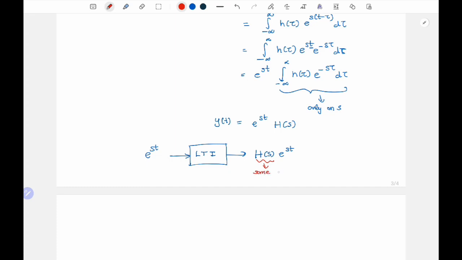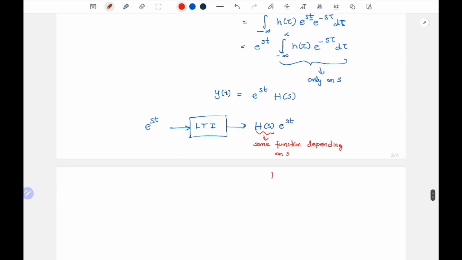Some function depending on s. So this is like an eigenvalue, right?